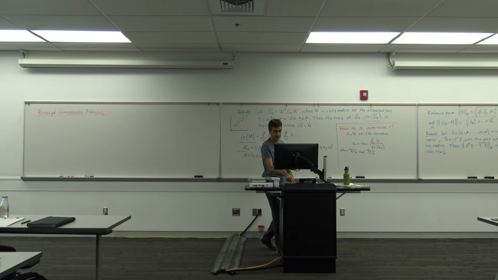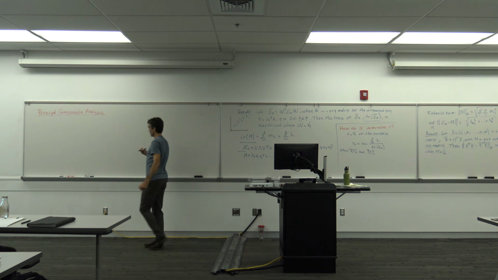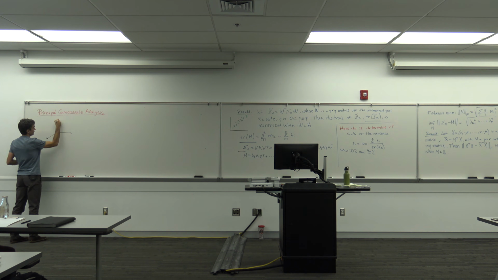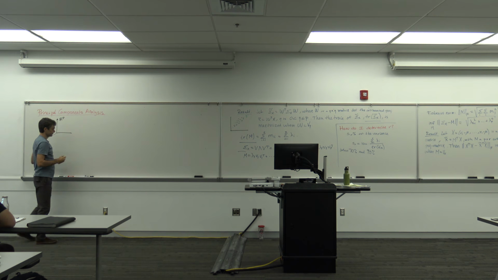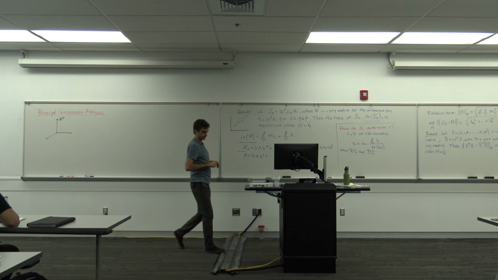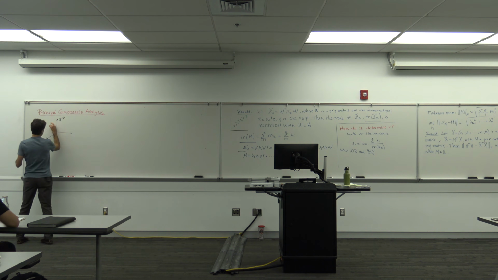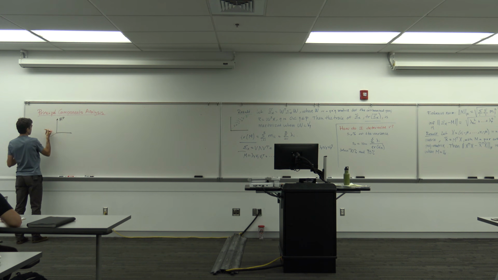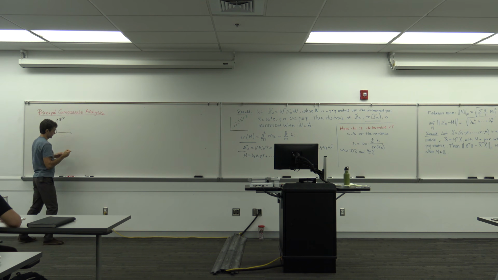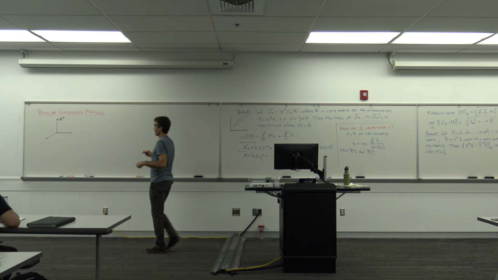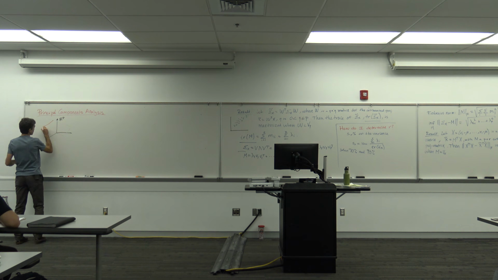So if I start with my original space of p dimensions, R^p, and now I compute my PCA subspace, right, this is my subspace.